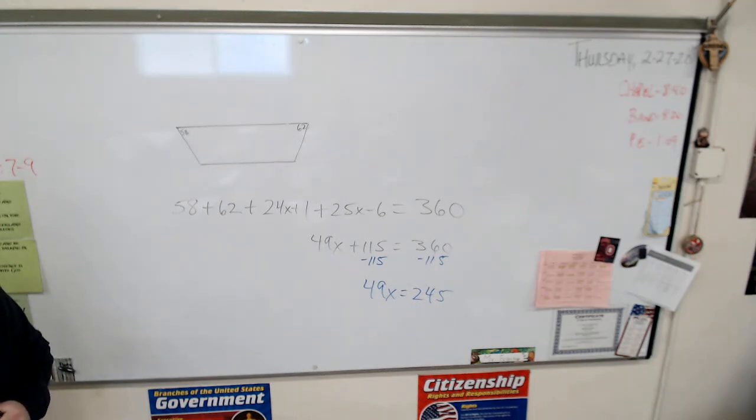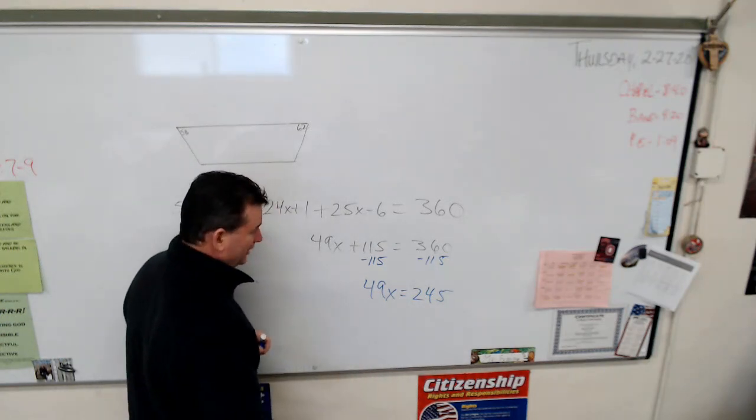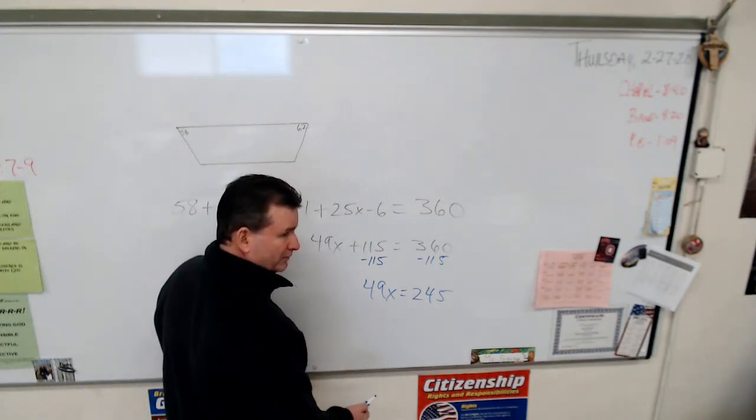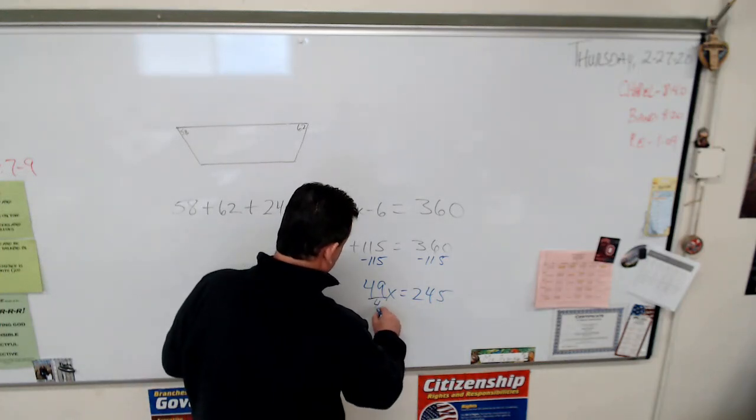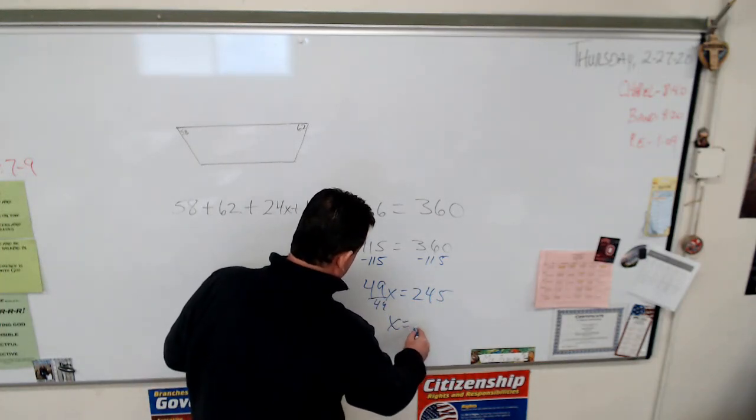I like when they're so kind to make the answer come out neat, not to the nearest hundredth or something. You already done, Jade? How do I get rid of the 49, Sid? Divide both sides by 49, and I get 5.